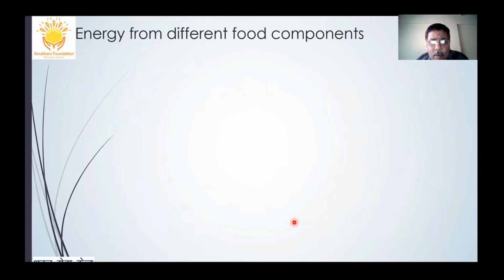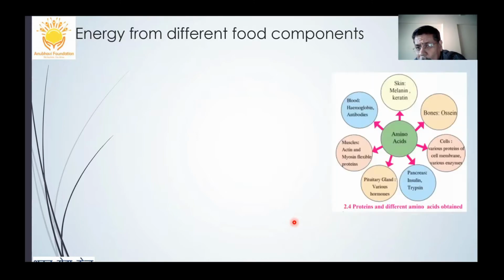So now, energy from different food components. Amino acids and proteins, and the different amino acids which are obtained, have different roles. Amino acids will be used in skin for the production of melanin and keratin. In bones, there is a protein called ossein which helps in strengthening the bones.